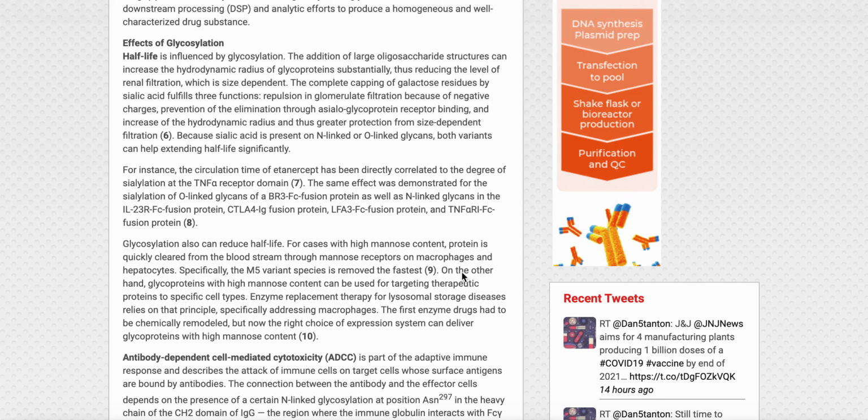The complete capping of galactose residues by sialic acid fulfills three functions: repulsion in glomerular filtration because of negative charges.